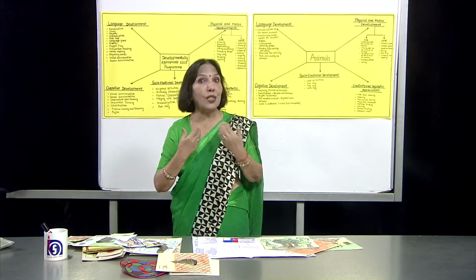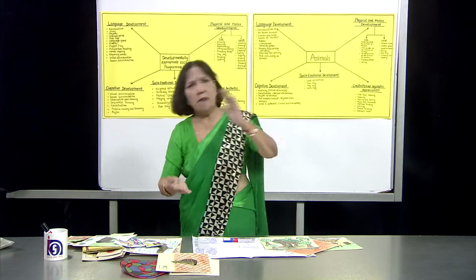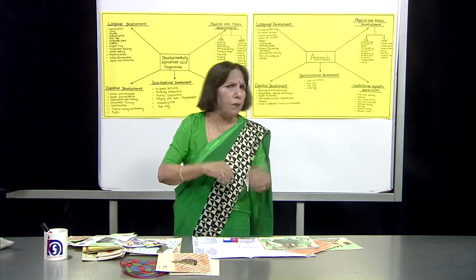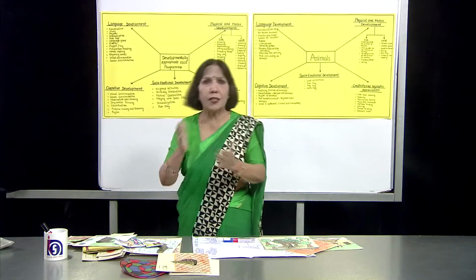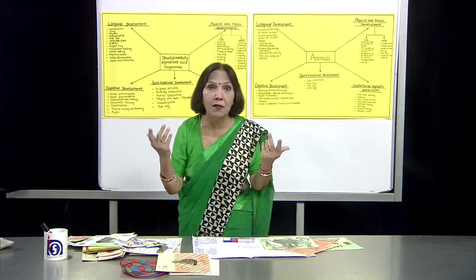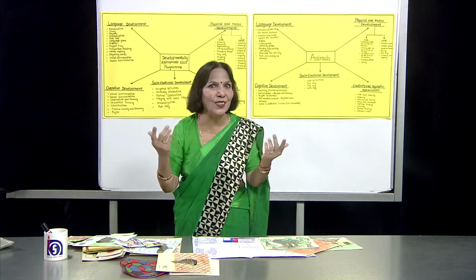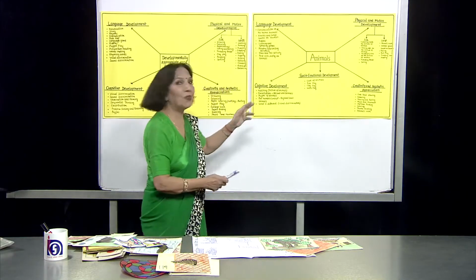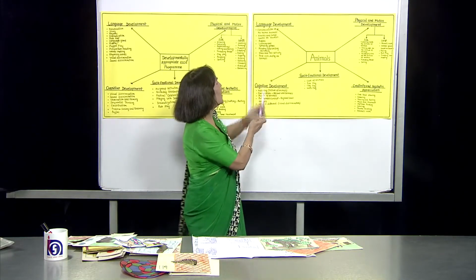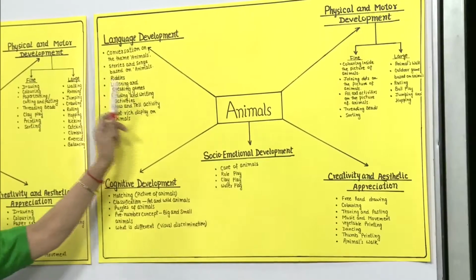He rolls it and thumps it and bangs it and bumps it, when there's no dinner in it. In this way, you can plan songs and stories related to the animals.